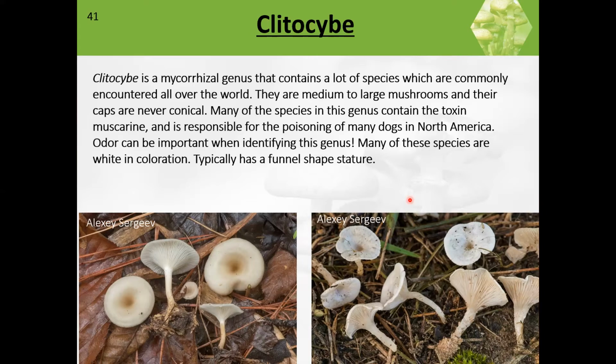Usually they start to vomit, have teary eyes, and then explosive diarrhea, all that horrible stuff. Most of the species contain a toxin called muscarine, and that toxin does exactly what I just said. You don't really want to eat these.